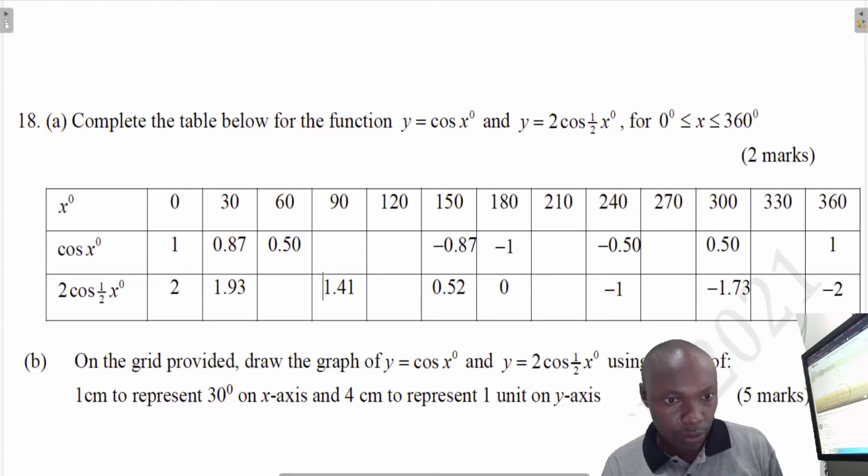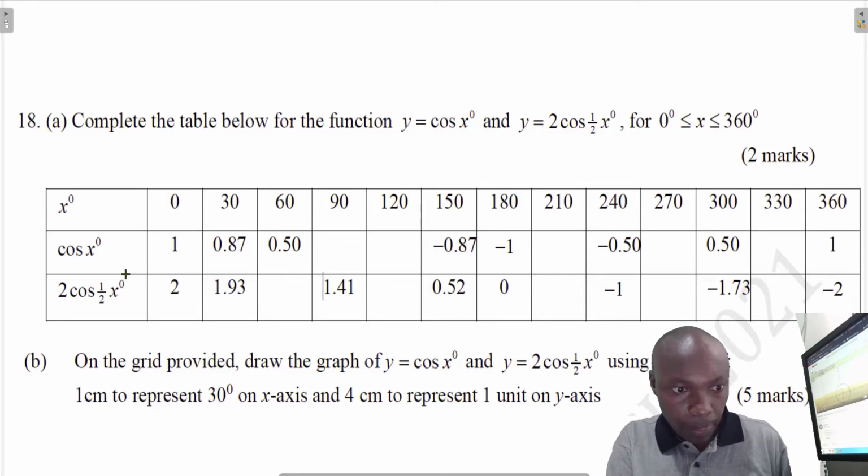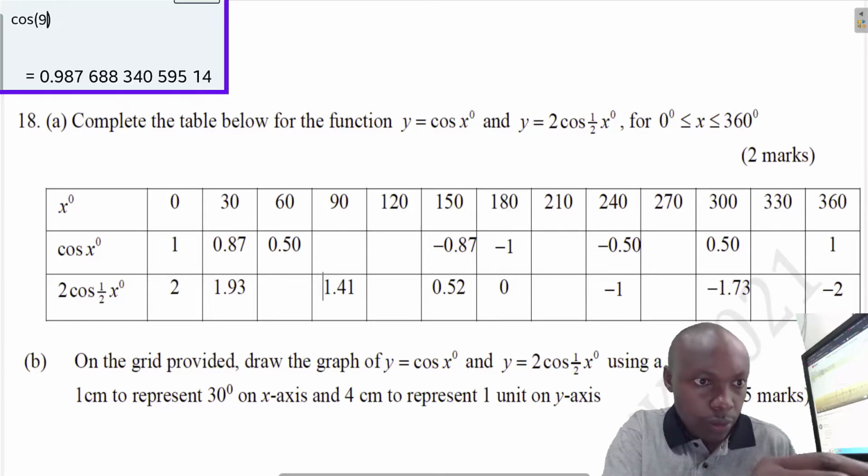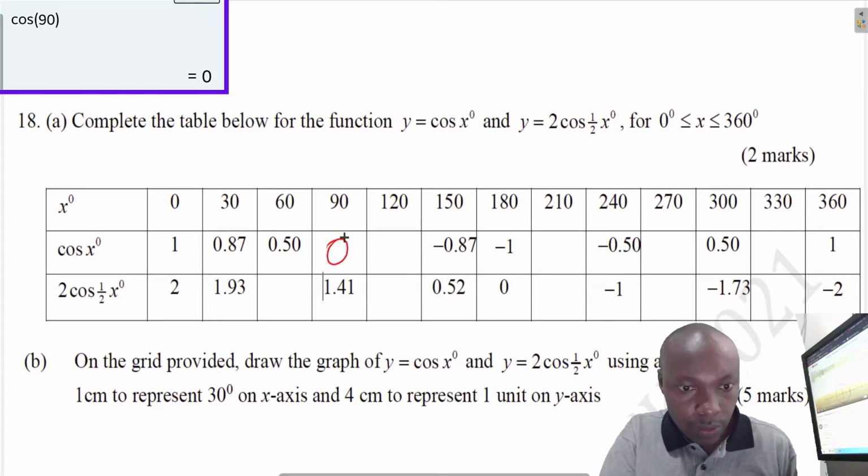The first row is cosine of x, and we're going to fill for 90, 120, then 210, and so on. We start with cosine of 90, which gives 0, so we fill that as 0.